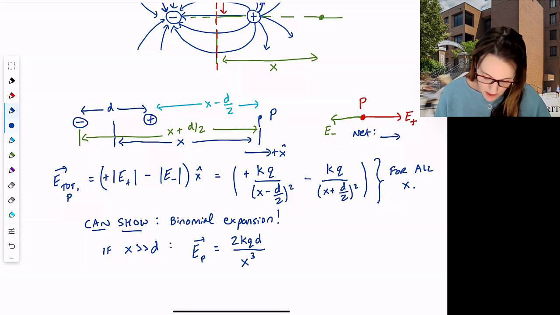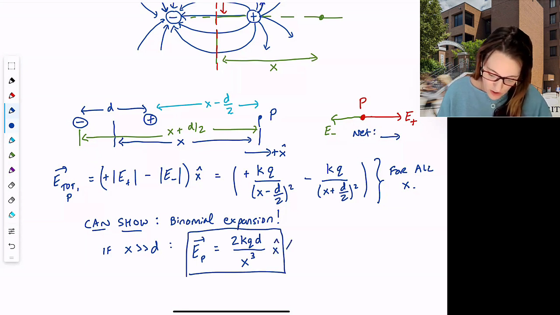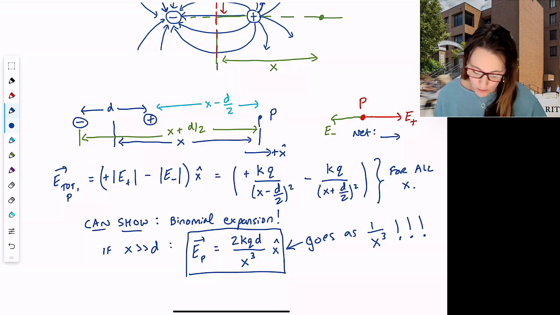And then that's going to be in the x-hat direction. Note that this goes as 1 over x cubed, or 1 over the distance cubed, not 1 over r squared like a point charge.